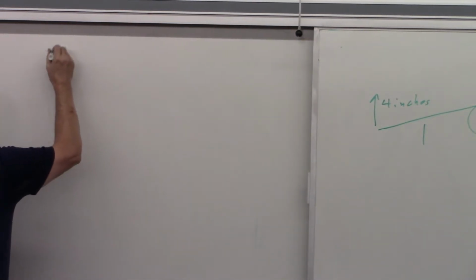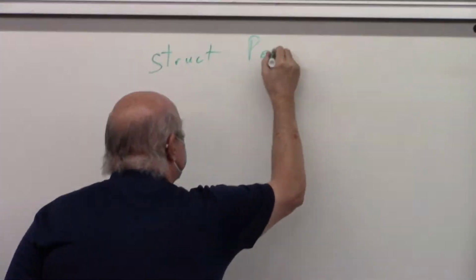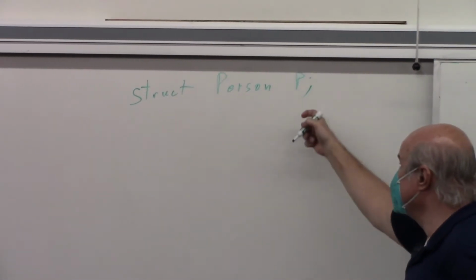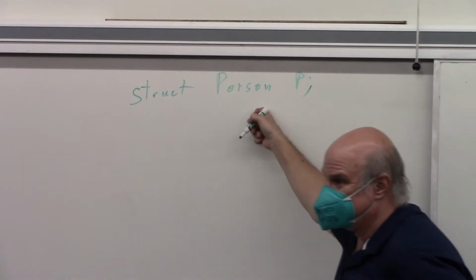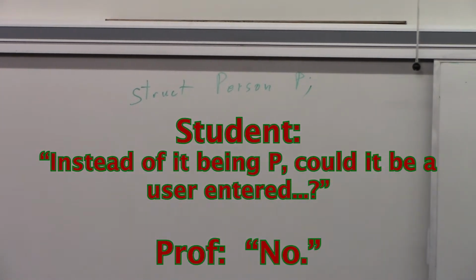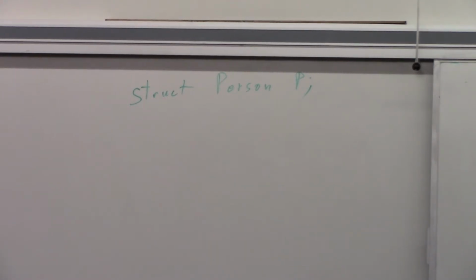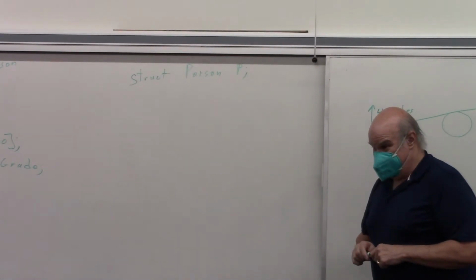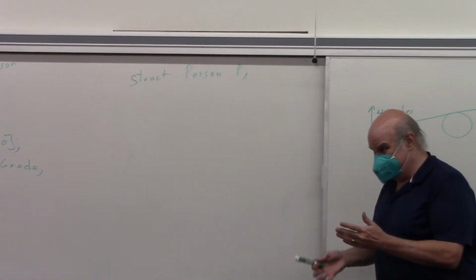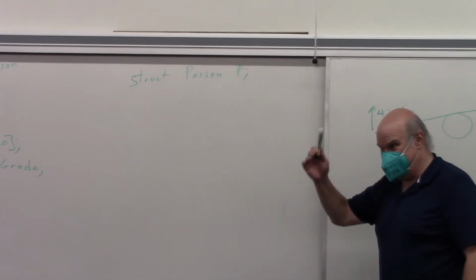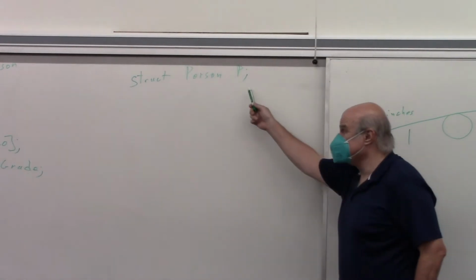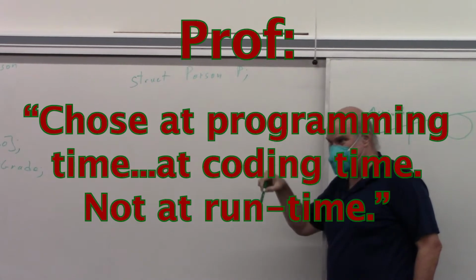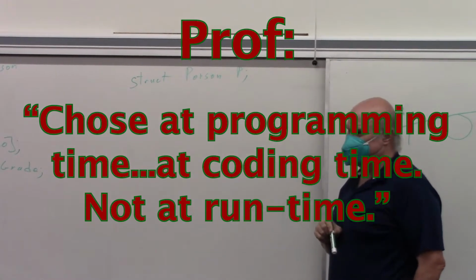So going back to his question, so you want to declare a variable named P of type struct person. Right. So instead of it being P, could it be a user entered name? No. You cannot give a variable name at runtime. A variable name has to be static. The way you make them not static is you make arrays of them so that you can index it, but you're still indexing a fixed name that you chose at programming time, at coding time, not at runtime.